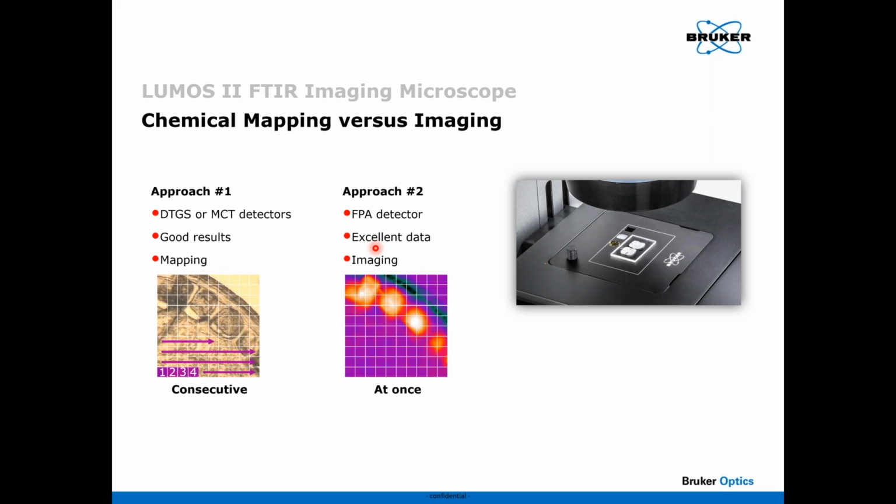So when you look at the Lumos 2, for example, it's designed to be optimal for open beam for about 100 microns area. So if you're going to aperture down to 10 microns, you're using 1/10 squared of the light, or 1/100th of the light. So the focal plane array detector configuration really is superior when you want to do chemical imaging.